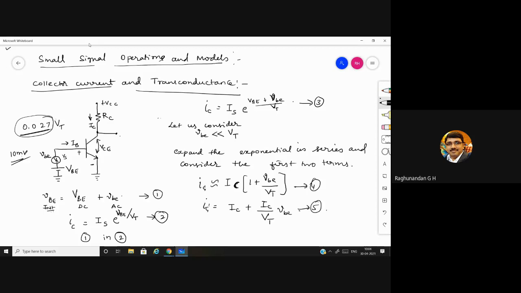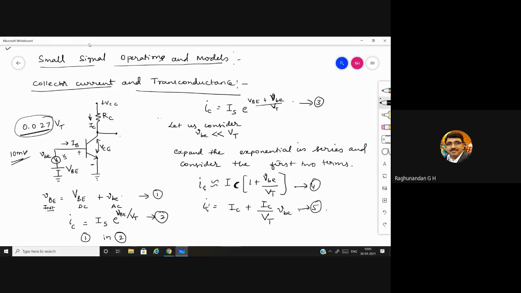You might have one question: this was IS, how did it become IC? This is the equation we are trying to obtain for the output collector current. When considering the output collector current, IS has already been converted to IC based on IC equal to beta times IB, so in the place of IS we write IC.